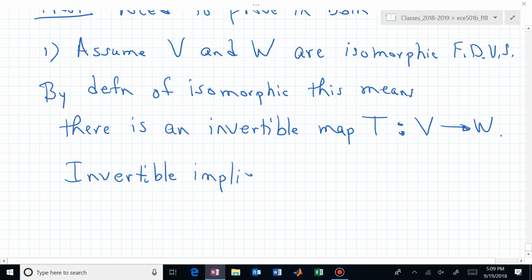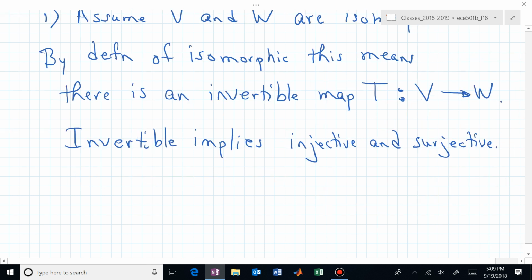Or what does invertible mean? It needs to be injective and surjective. So invertible means, or implies, injective and surjective.